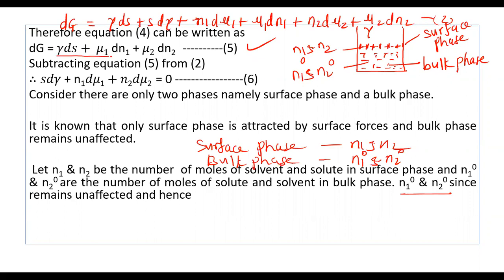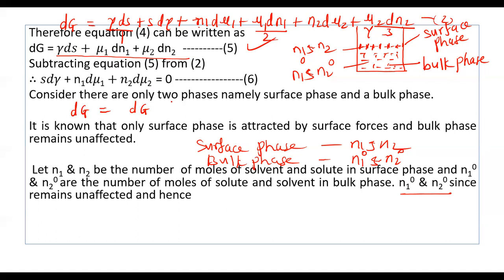We have gamma into dS, mu1 into dn1, and mu2 into dn2, which together give dG. So in place of these three terms, equation 5 gives dG. Let me write the remaining terms: n1 d mu1, n2 d mu2, and the remaining term S into d gamma.